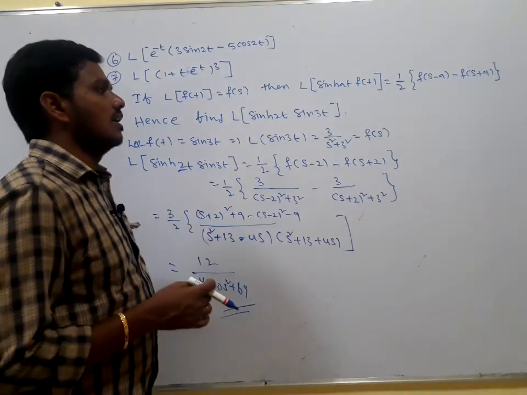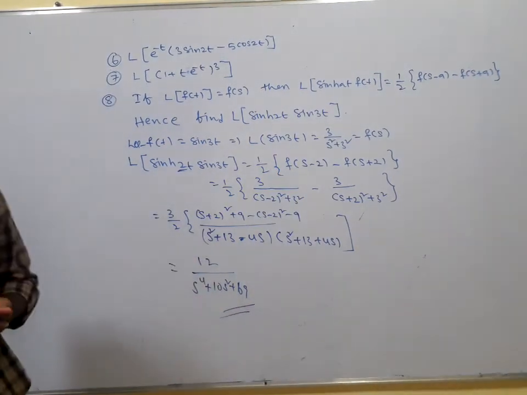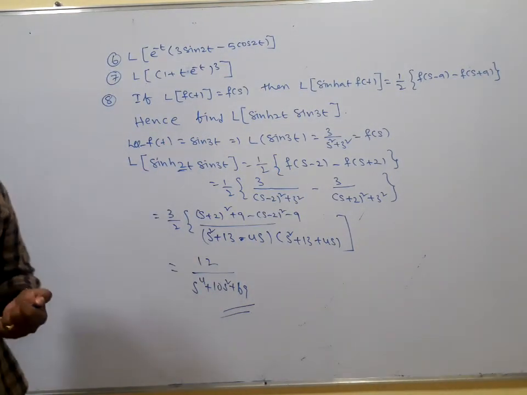You can write it directly as 1/2 into F(s − a) − F(s + a).